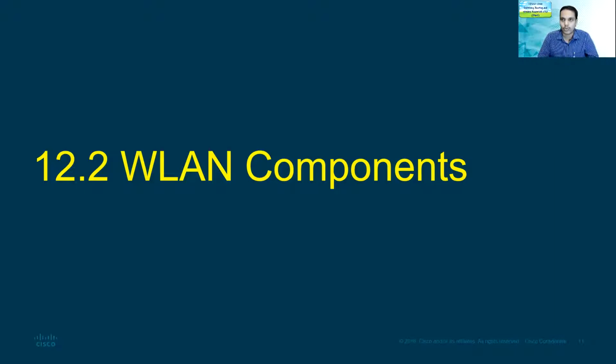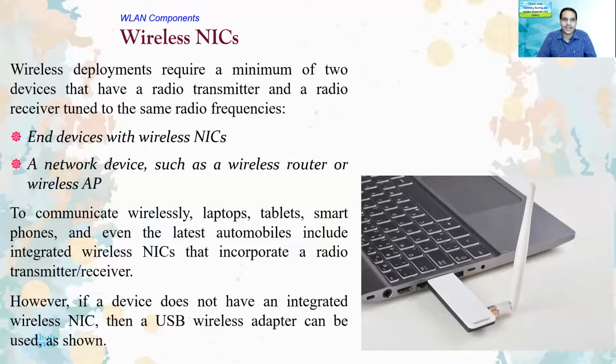So let's talk about the important components that make up a wireless local area network. The first thing you need to understand is that any wireless deployment requires a minimum of two devices. One should be a transmitter and the other a receiver, tuned to the same frequencies. There might be end devices with wireless network interface cards, and a network device such as a wireless router or a wireless access point.